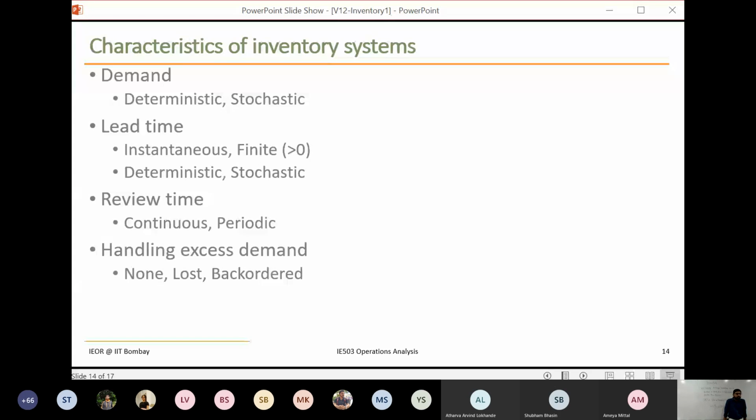One, nothing happens. In the sense we usually assume that scenario never occurs and do our math. Second, we can assume that demand is lost and I don't need to worry about it. The third scenario is that demand can be back ordered. So again, we'll be looking at all these three cases.